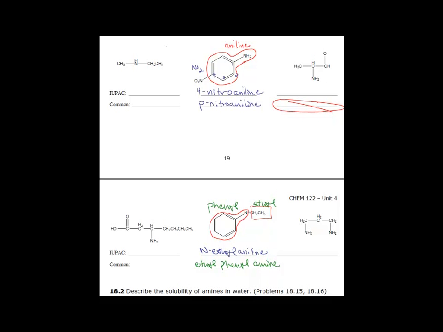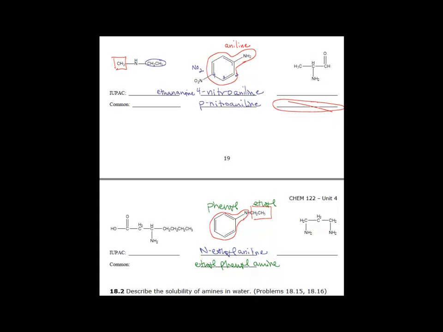Right, so hopefully practicing these is making it a little easier. The first structure in the lower left of page 19, longest continuous chain of carbons bearing the nitrogen is 2. So it would be ethane, but there's an amine, ethanamine. You don't have to put the number 1, ethanamine, but if you did, I wouldn't count off.